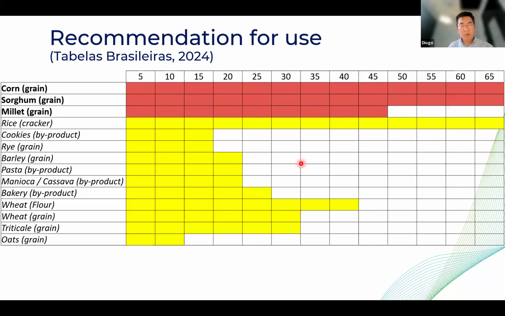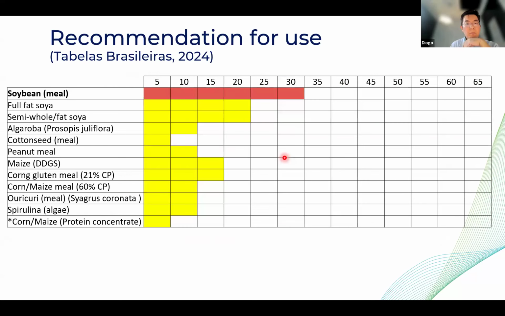So if we use some new kind of enzyme, can we increase this max limit of use and save more money using more of these alternative ingredients? If we look at the protein source ingredients, the reference is soybean meal.